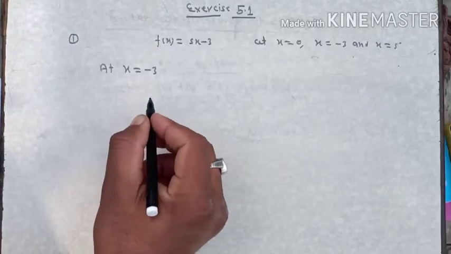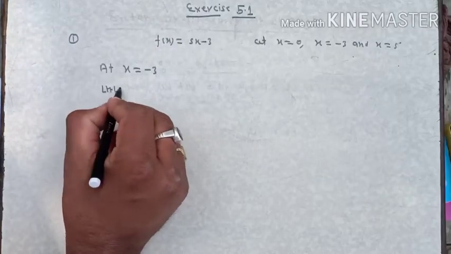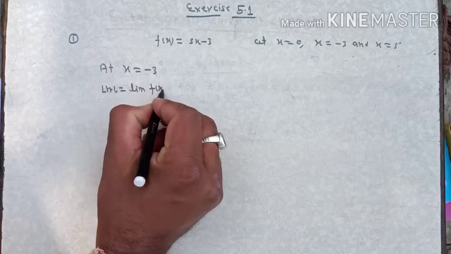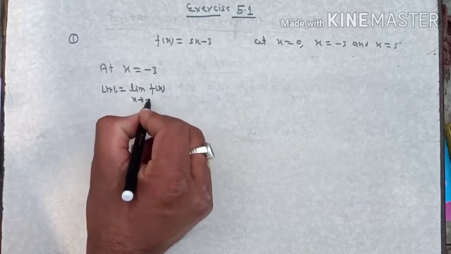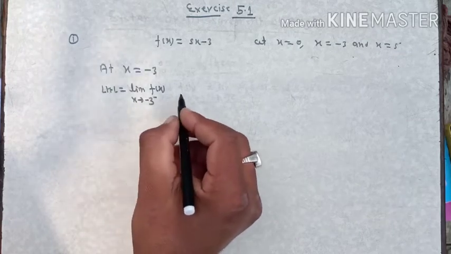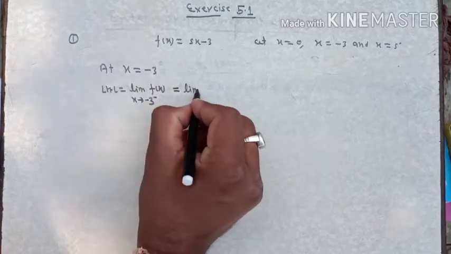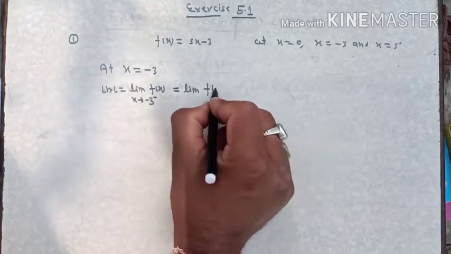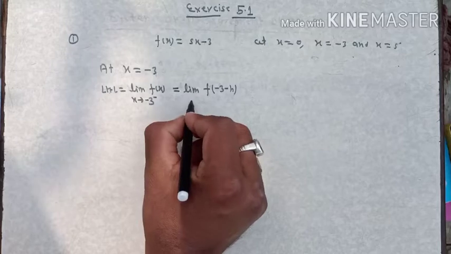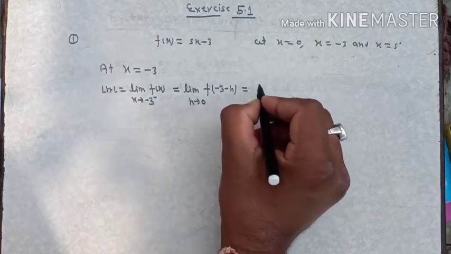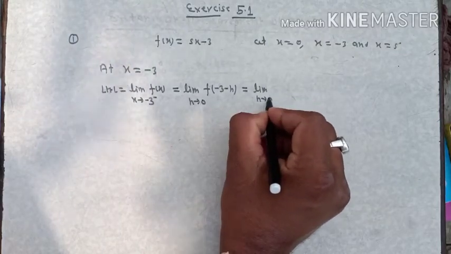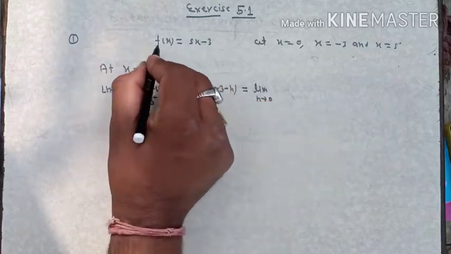At x = -3. So the left hand limit is equal to the limit of f(x) as x tends to -3 negative. This can be written as the limit of f(-3 - h) from the left side, where h tends to 0, equal to the limit as h tends to 0 of 5x - 3.